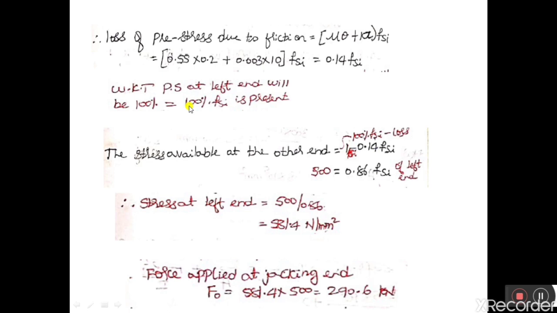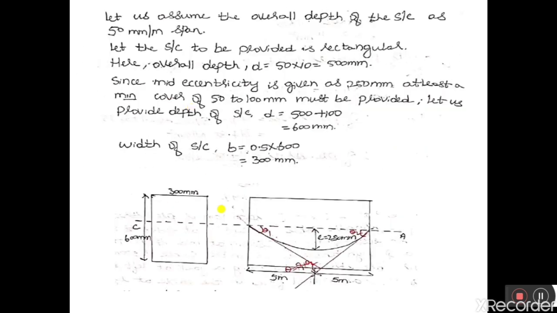And we know that the pre-stressing force which is applied at left end will be full. If I am going to apply a pre-stress of 1000 Newton per mm square, then the stress at this point will be 1000 Newton per mm square only. The losses at this end will be 0.